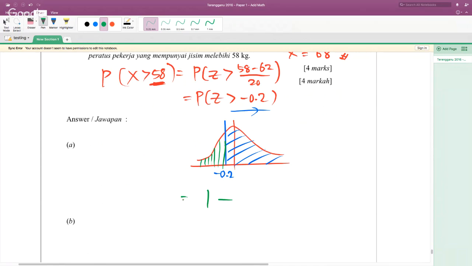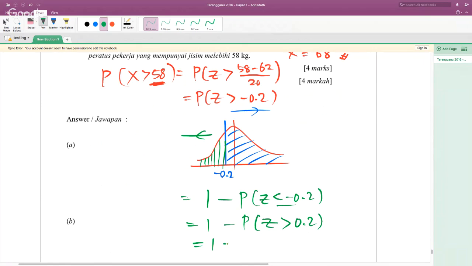So therefore, the whole thing equals 1 minus the probability. What is the blue color one called? Z is going this direction, which means Z less than negative 0.2. And I say many times, whenever you see less and negative together, you can change it to bigger than 0.2. Then you just use your table to find what is 0.2. Let me take my table.